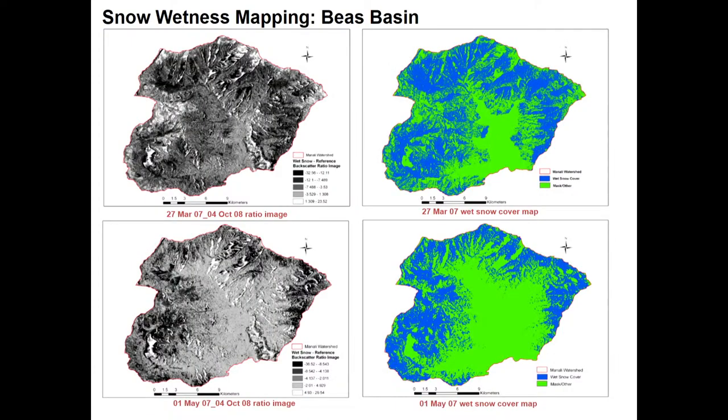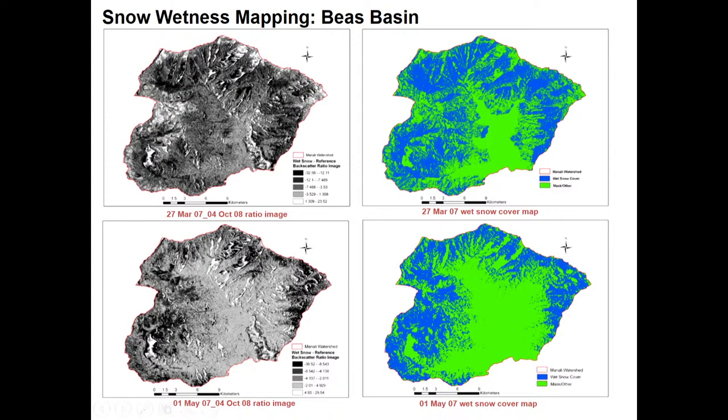Using the dielectric constant and the condition of the snow, we can map the snow wetness. You can see we have used different approaches to map the wetness, dry snow and wet snow. We have used the ratio technique. Here we have taken the ratio of the backscatter image of the non-snow time and the winter-time snow image.